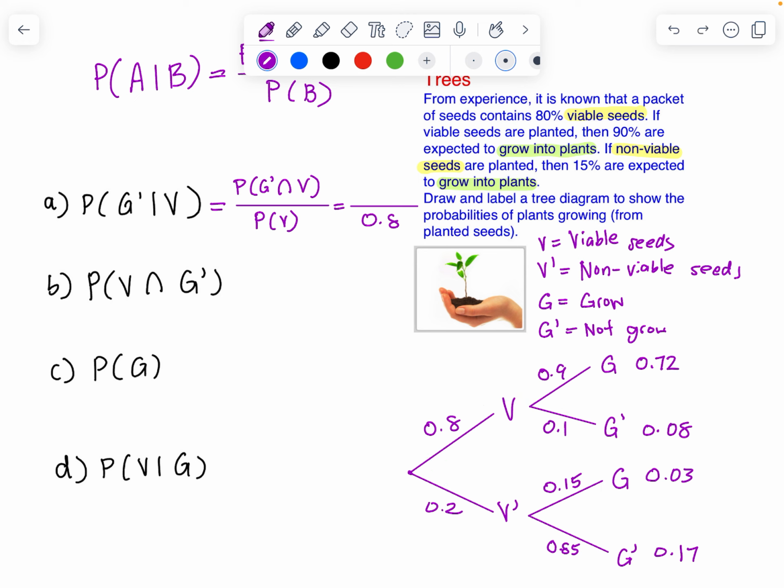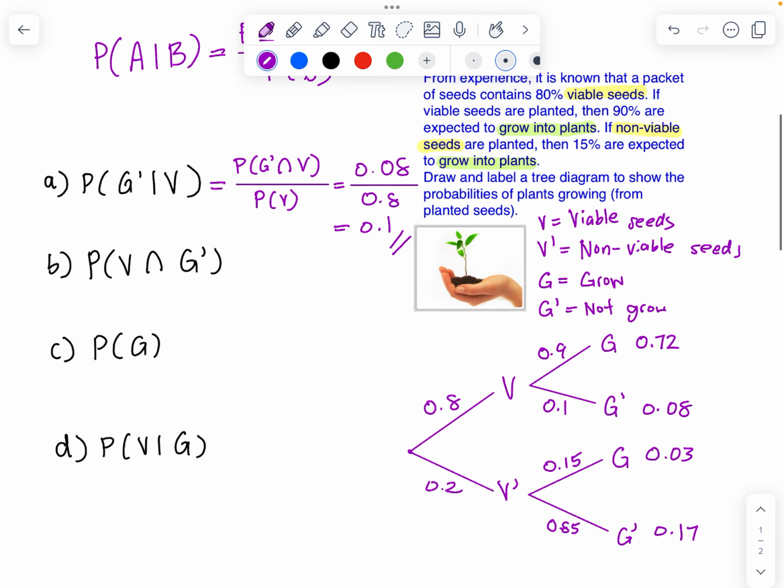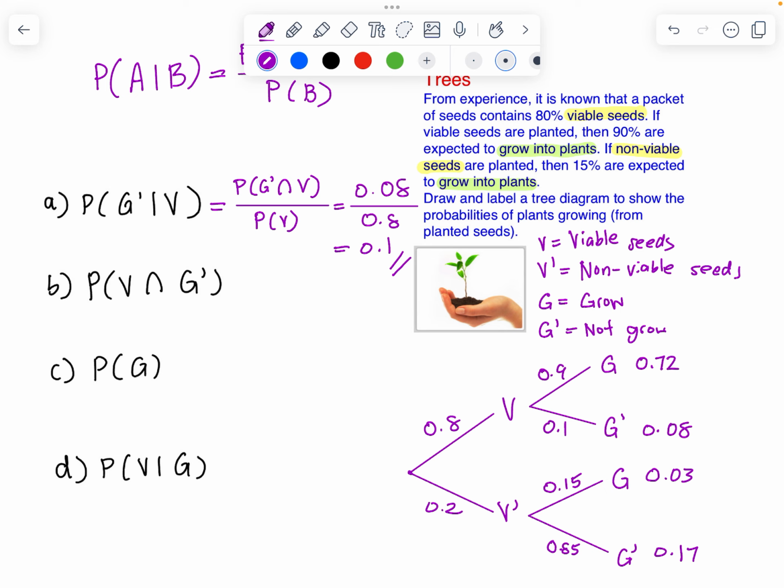So the probability that we get a viable seed and a plant that doesn't grow is 0.8 times 0.1, and so that is going to be our numerator. And when we solve that, we're going to get 0.1, and that's our answer. So the probability that we get a plant that doesn't grow, given that it is a viable seed, is 0.1. A pretty small chance of happening.